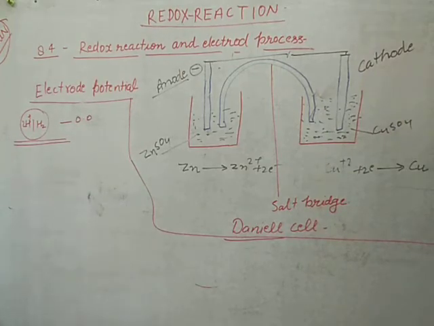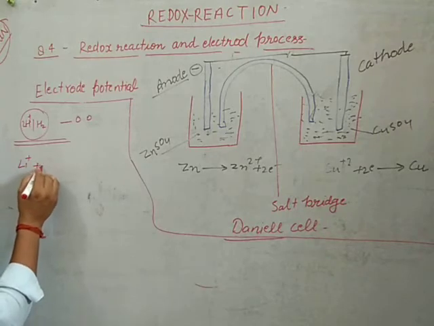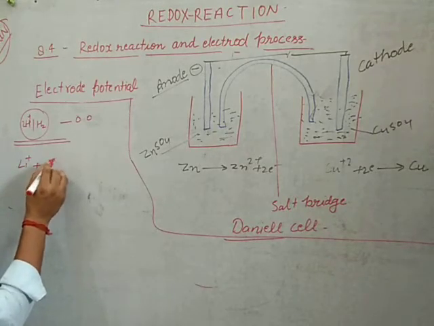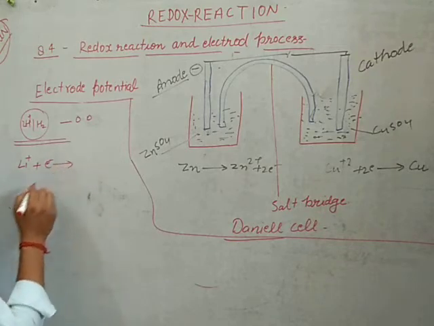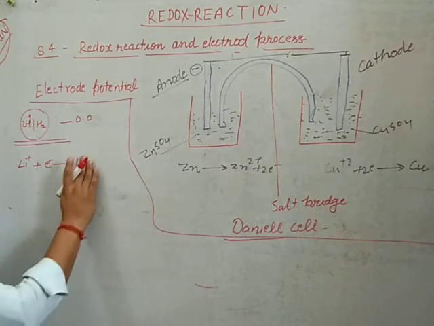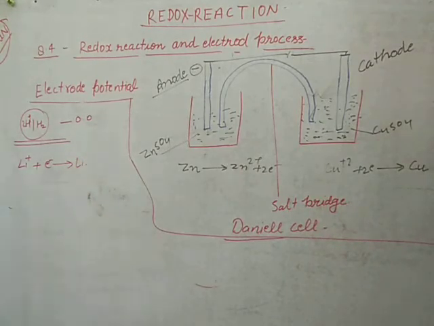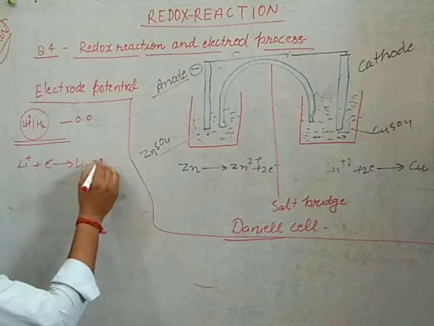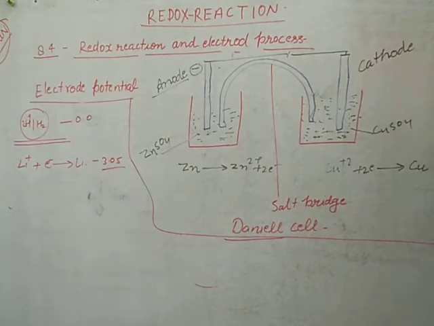Like this, if I take a sample, Li plus electron. The standard potential of this one, from the book you can see, is minus 3.05.